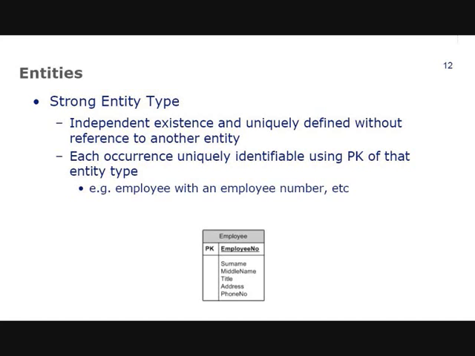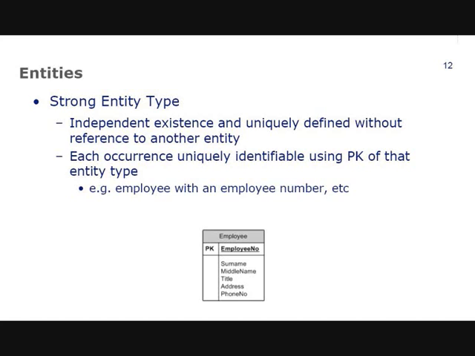For example, an employee is going to have its own independent existence in the world that I'm trying to represent. It might have an employee number, a surname, a middle name, a title, an address, and a phone. So that is one entity type, and then there will be instances of that. That exists without reference to other objects. So from that point of view, it's a strong entity.